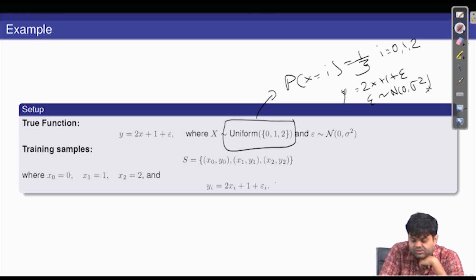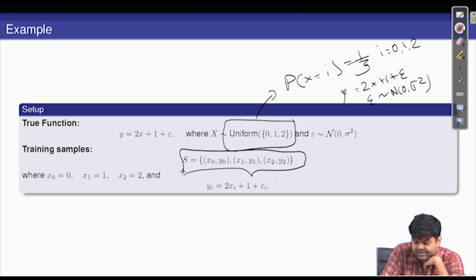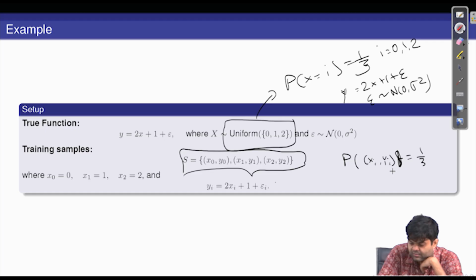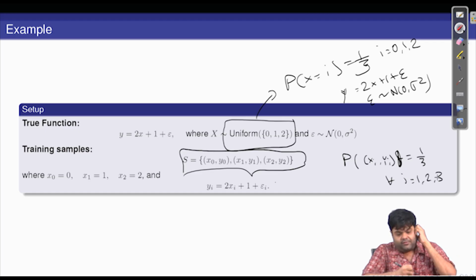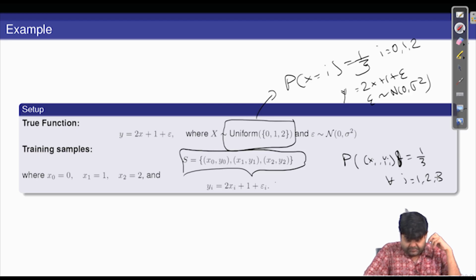Now suppose you have potentially three samples, each with probability 1/3, for i equals 1, 2, 3. Suppose you have 3 training samples.